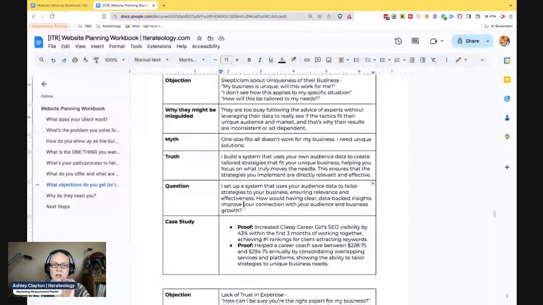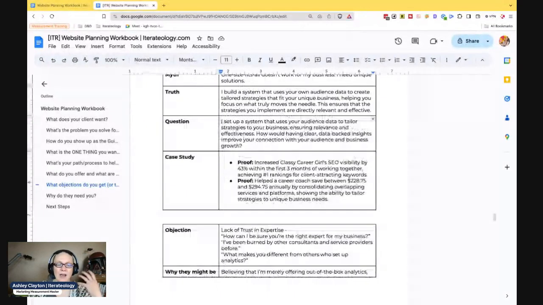And then I like to do this: they have the objection, I acknowledge the objection and then follow it up with a thoughtful and relevant open-ended question. The last piece is case studies, testimonials, or use cases. A case study is: we started here with this client, we did these things, this was the result.